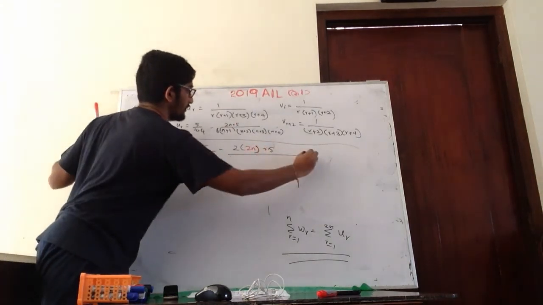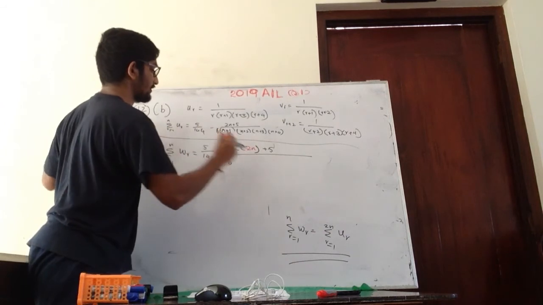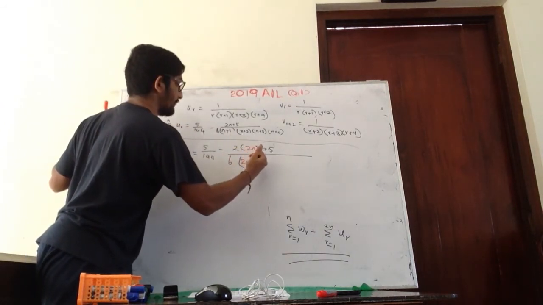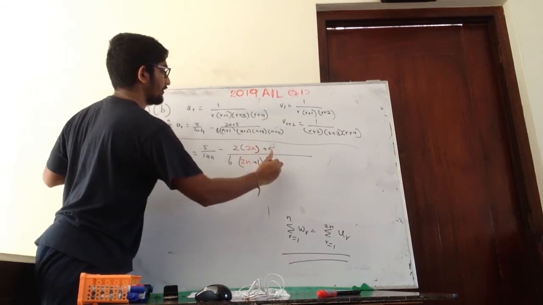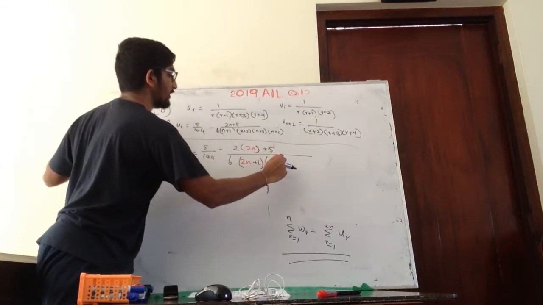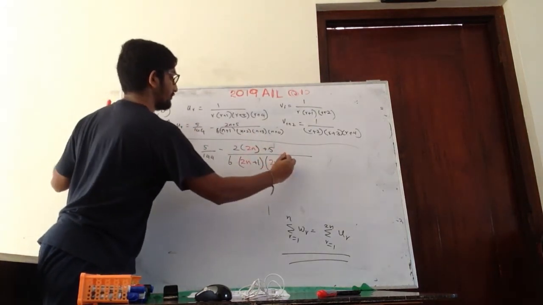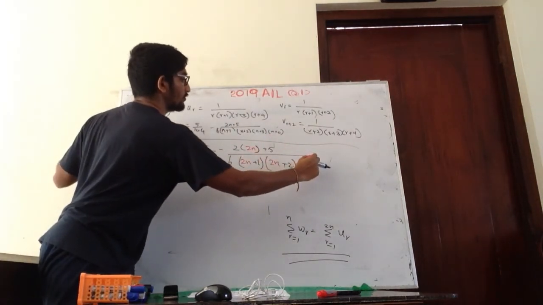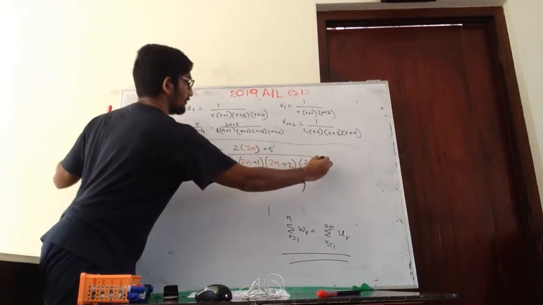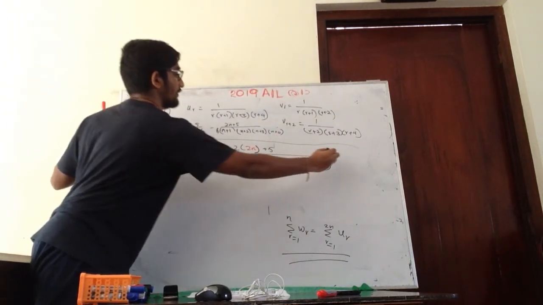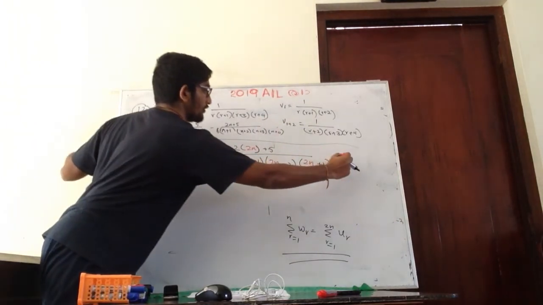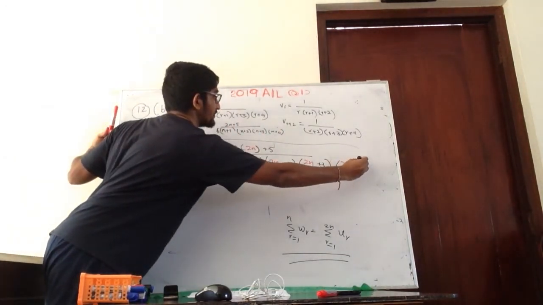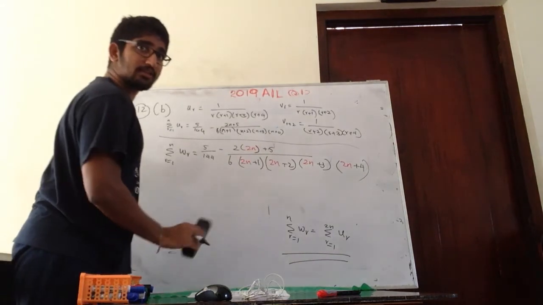Plus 5, 6, 2n plus 1, then 2n plus 2, then again 2n plus 3, then again 2n plus 4. So that's all the difference.